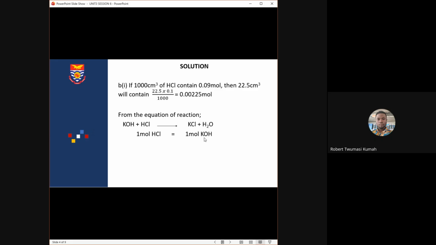It is 1:1. What it means is that if this one gives 1, this one will also give 1. So that's HCl gives 0.00225 moles. It means the moles of KOH will also be that, the same thing.